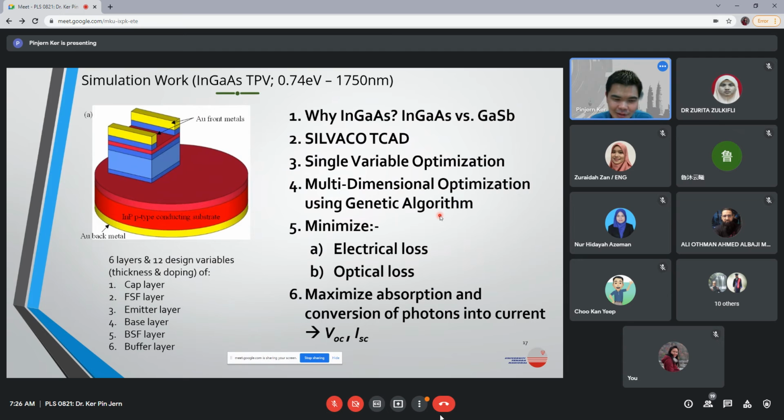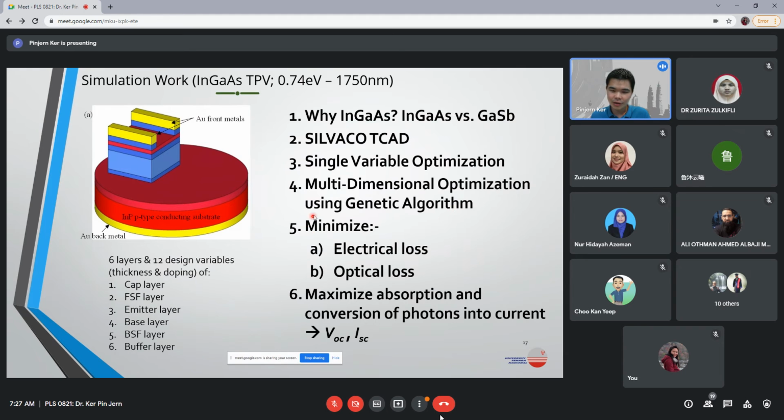I think nowadays everything is surrounding AI, and we realized that by using a GA, it can really make our multi-dimensional optimization much easier. Instead of doing 20,000 iterations, using a GA we reach convergence within 550 iterations.